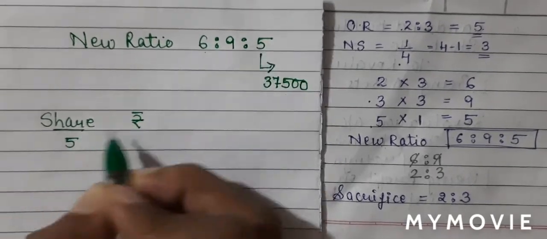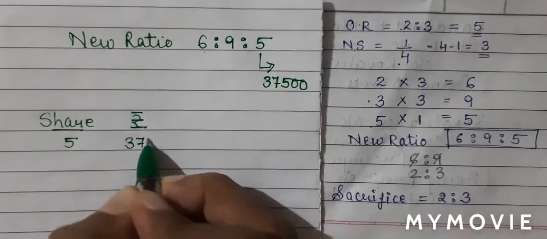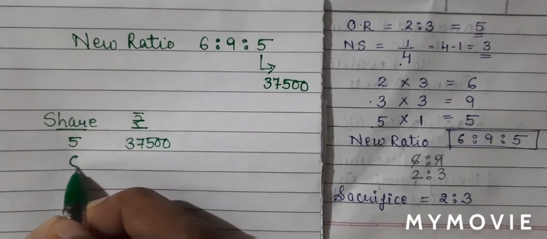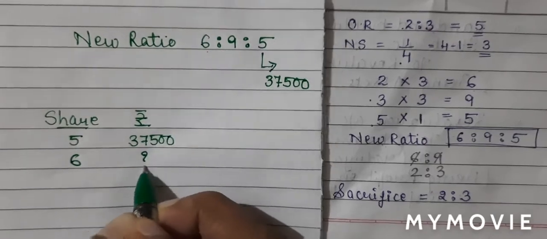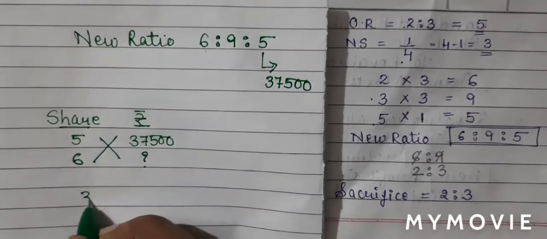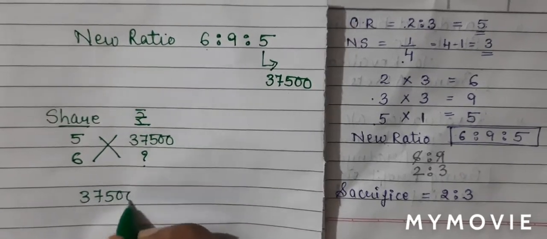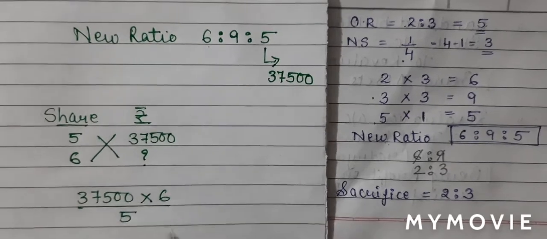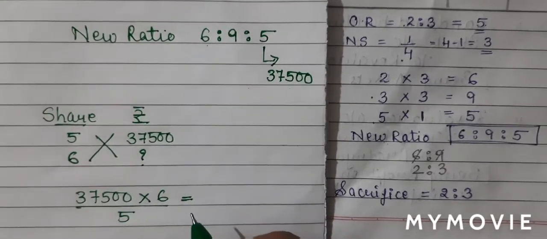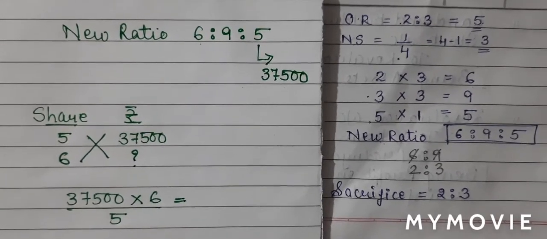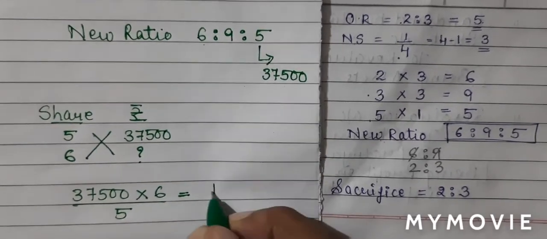For 5 share, 37,500 rupees was brought. So for 6 share, how much money Vikram will bring in? And I will cross multiply. 37,500 multiplied by 6 divided by 5. So students, when you do this calculation, you will get an amount of 45,000 rupees.